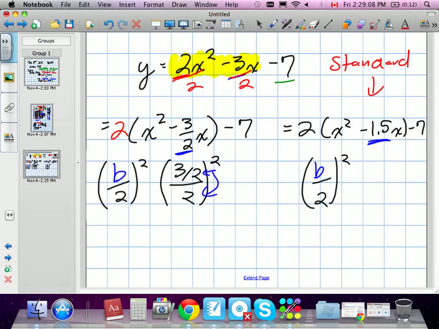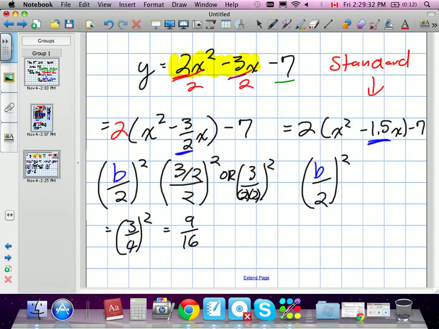So in other words, I'll have 3 over 2 times 2, which is 3 over 4. And it's still squared. When I square this, I get 9 over 16. That is our new term.